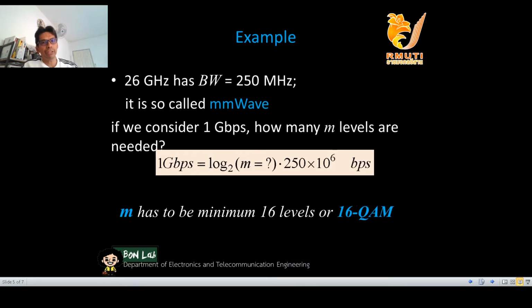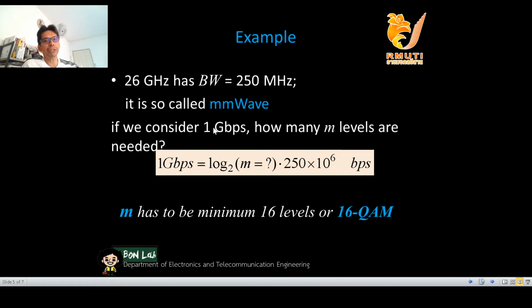But in Thailand, we also now have 26 gigahertz of carrier. The bandwidth may be 250 or 400 megahertz, and this kind of carrier region is the so-called millimeter wave carrier.